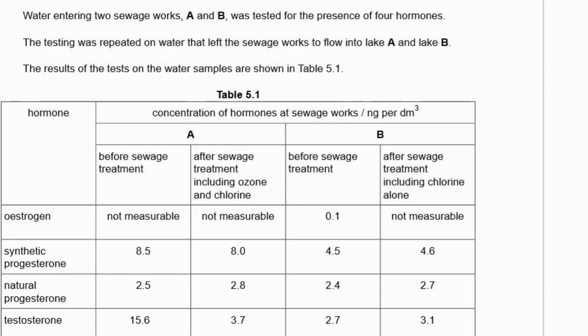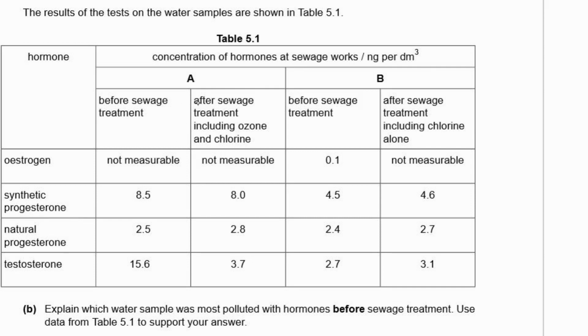Water entering 2 sewage works, A and B, was tested for the presence of 4 hormones. The testing was repeated on water that left the sewage works to flow into Lake A and Lake B. The results of the tests on the water samples are shown in Table 5.1. Okay. So we have the sewage work A and B, before sewage treatment, after sewage treatment, both of them.